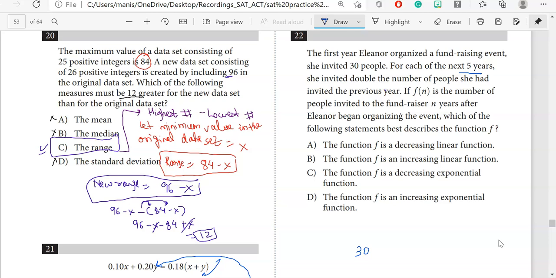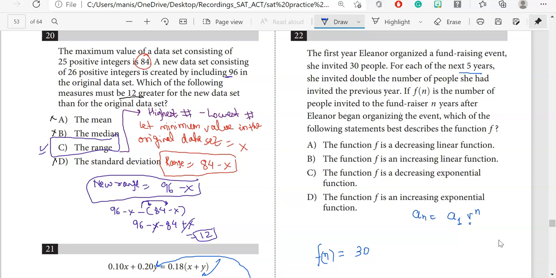If f of n is the number of people invited to a fundraiser n years after Eleanor began organizing the event, which of the following best describes the function f? This is an example of geometric progression. If you remember, the formula is a sub n equal to a sub 1 times r to the power n. Here the first term is 30, r is the common ratio, and n is the number of years.